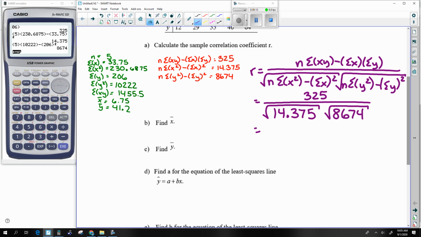Multiply those bottom numbers. Get the square root of that. And then take the top divided by the bottom. So this is going to be a pretty accurate line, whatever the line is. It has a positive slope, and it's a pretty accurate line.